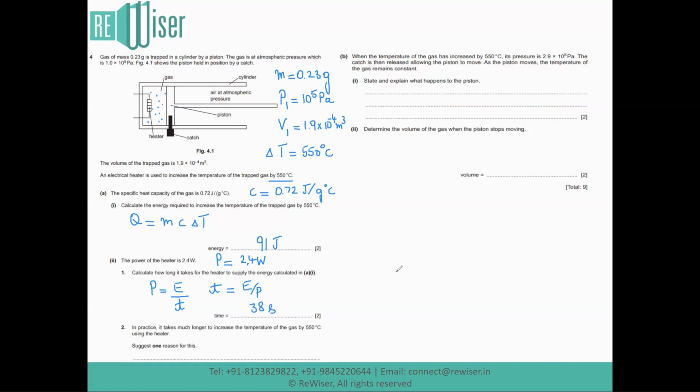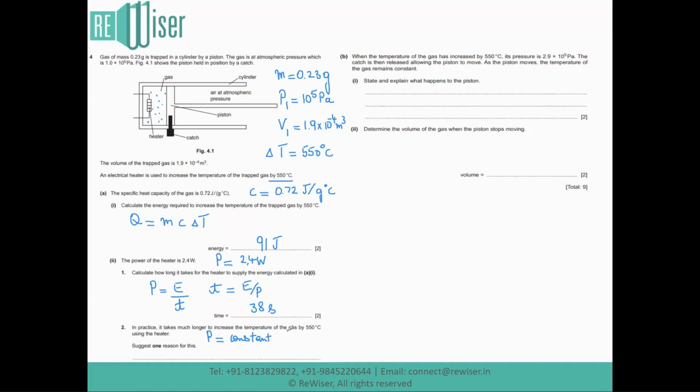Moving on. In practice, it takes much longer to increase the temperature of the gas by the same value, which is 550 degrees Celsius, using the heater. Suggest one reason for this. Here we understand that the power supplied by the heater is going to remain a constant value of 2.4 watt.